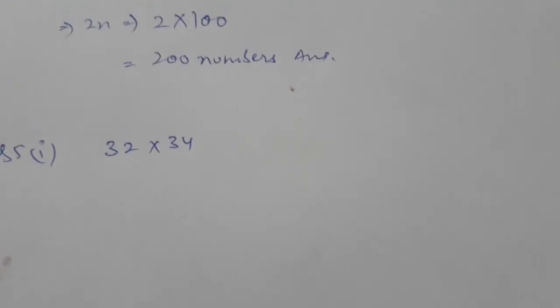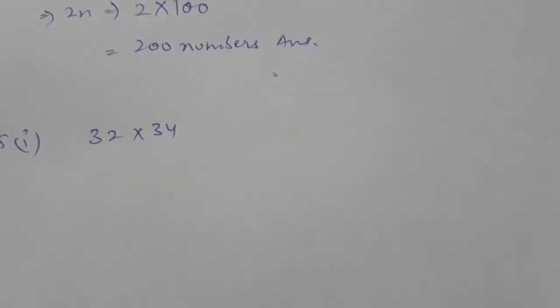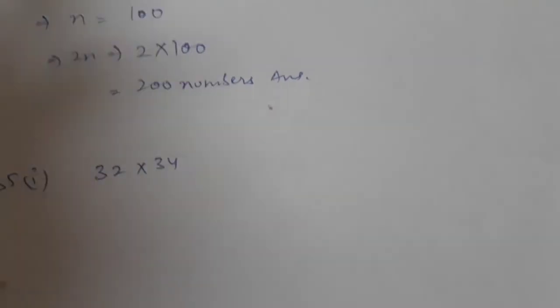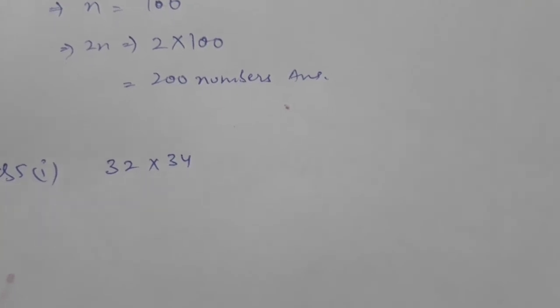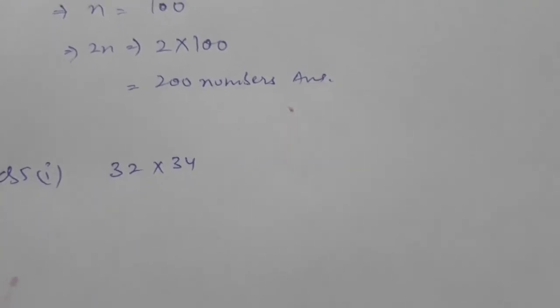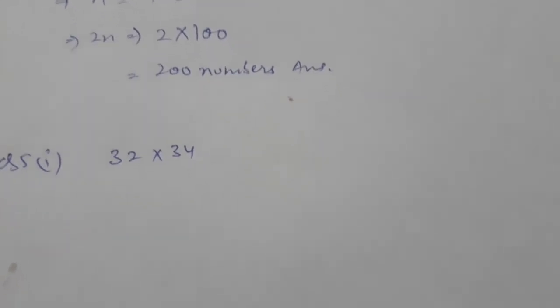In question number 5, we have to use the properties to find the product of the following numbers. Our first product is 32 into 34.